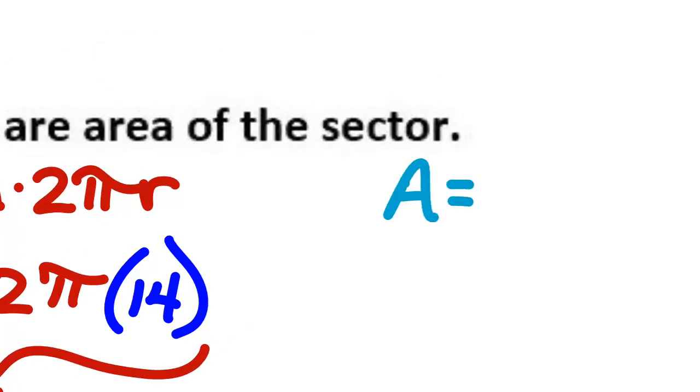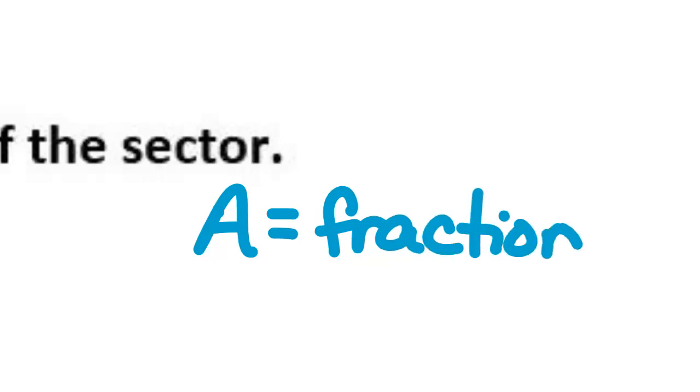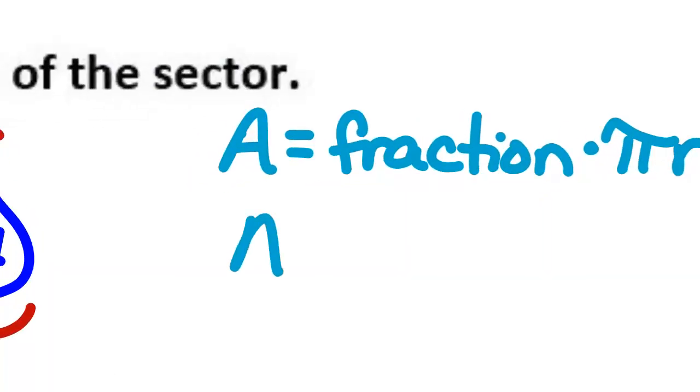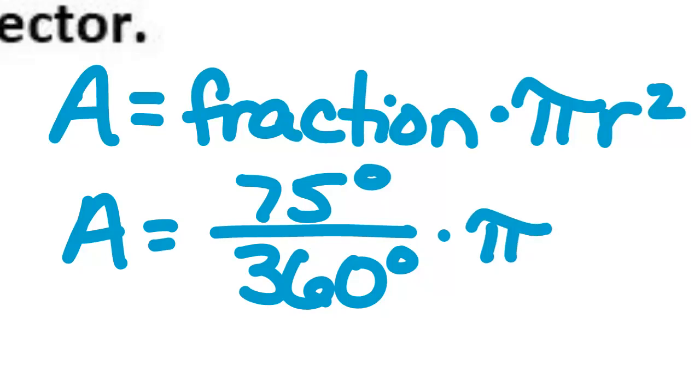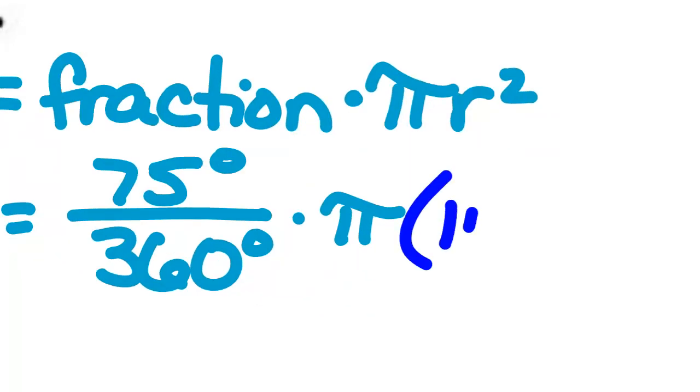And then the area of a sector is the fraction of the circle that we are looking at times pi r squared, the area of a circle. Once again, we are looking at 75 degrees out of a total of 360 degrees times pi times that radius of 14 squared.